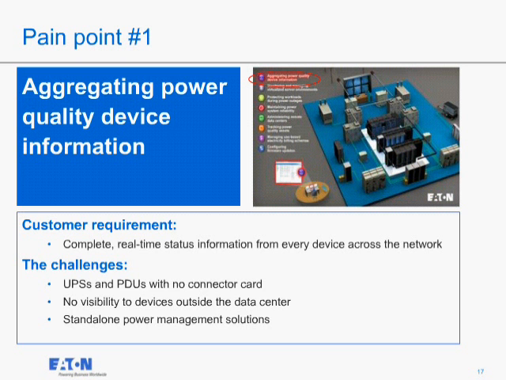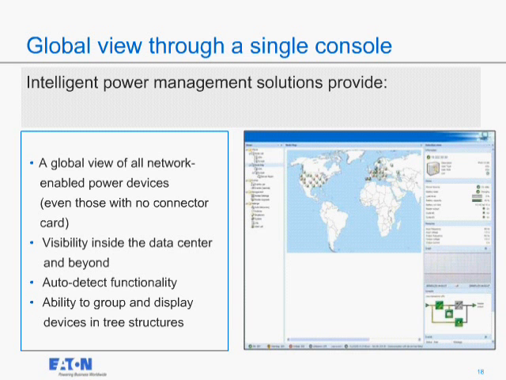Some of the intelligent power management systems out there today can solve those by giving you a global view of all network-enabled power devices, even those without connector cards. There are schemes that can be employed so that you can serially connect through protected systems and aggregate all of that information into a single dashboard.